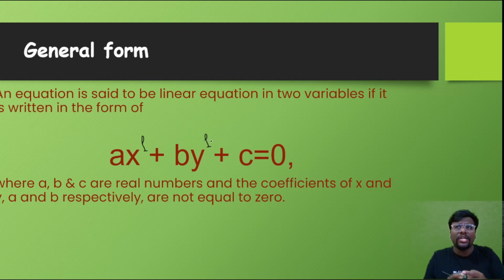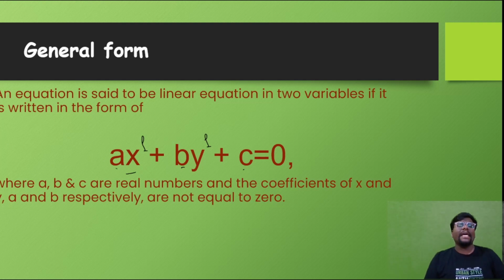Now, do we have any constraints for the power of the numerical coefficients? No, nothing such. So a is a real number, b is a real number, c is a real number. Can it be in roots? Yes. Can it be in exponential form? Yes. Their powers may be 10, 20 or 2 lakh. We don't care. What we care about is that x should have the power of 1 and y should have the power of 1. Basically, both the variables should have a power of 1.